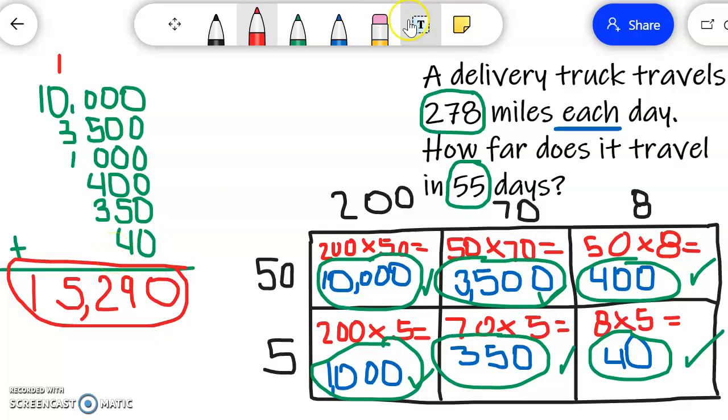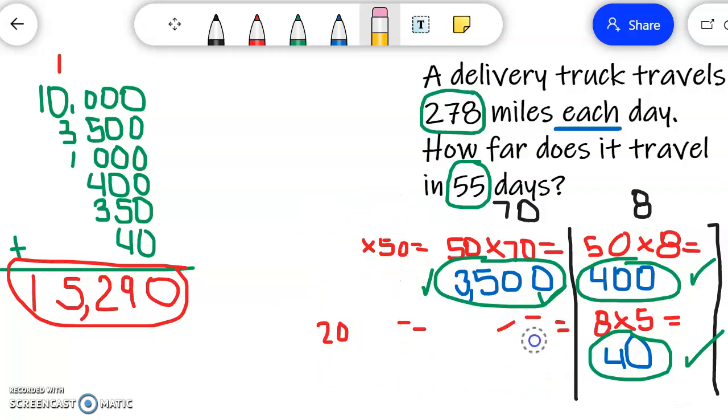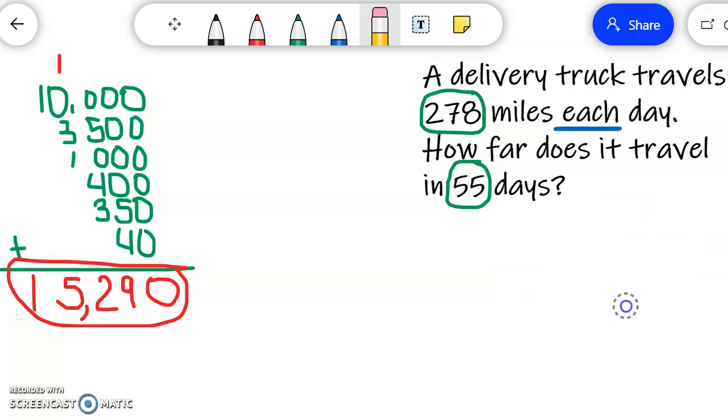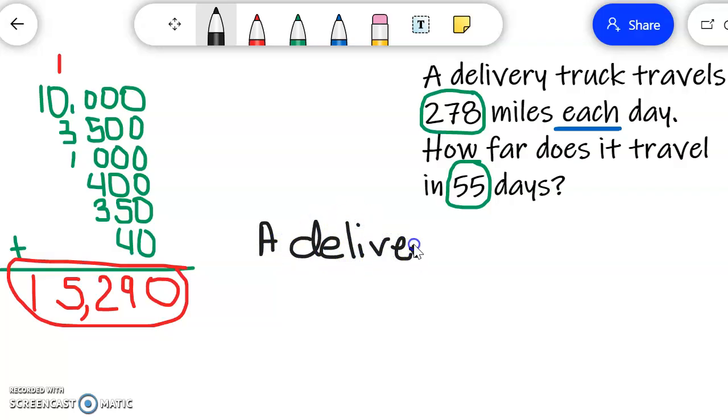Now, I'm going to erase and write out the statement that answers my question. My question was, a delivery truck travels 278 miles each day. How far does it travel in 55 days? So I want to say a delivery truck, and I want to use keywords from the question.